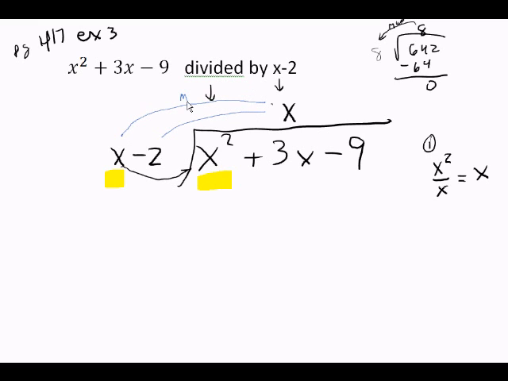Are you familiar with that? Okay, so we're going to multiply this together. Watch what happens. X times x is x squared, and x times a negative 2 is a negative 2x.